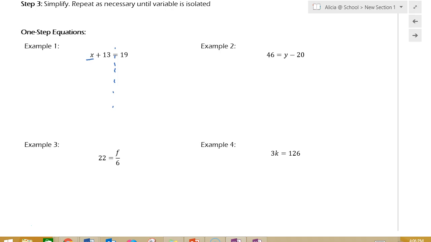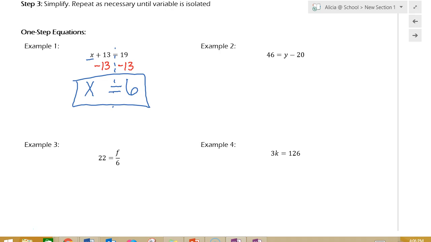If I am adding 13, the inverse operation is subtracting 13. And whatever I do to one side of the equal sign, I must do to the other. So on my left side, I have x. My positive 13 minus 13 is 0. Bring down my equal sign. 19 minus 13 is 6. So therefore, my answer is x equals 6 because x is now by itself.